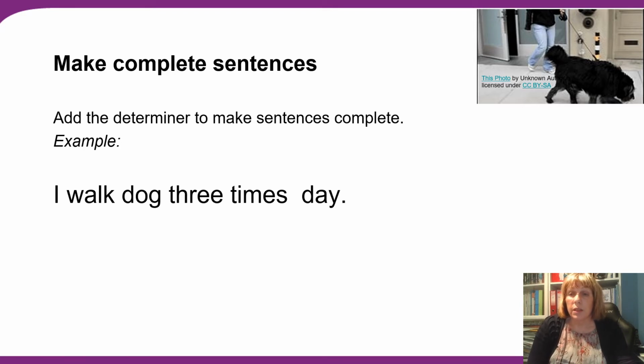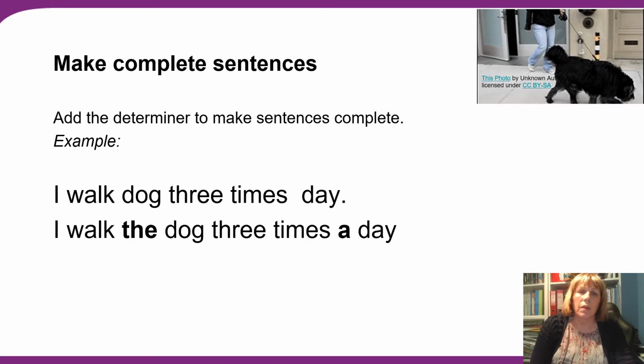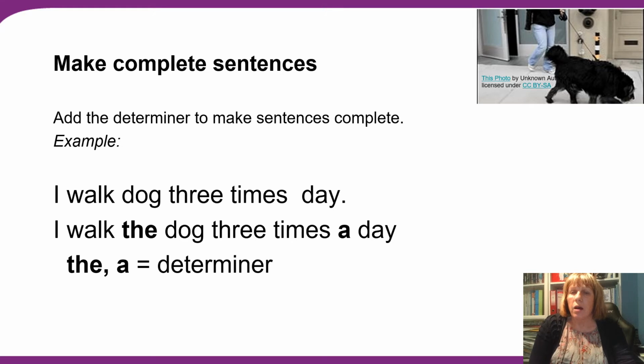Yes, you know that's incorrect because it's missing the determiner. What word exactly is missing? The and a. I walk the dog 3 times a day. So the and a are determiners, and they're also referred to by your teachers as articles. That's also correct.